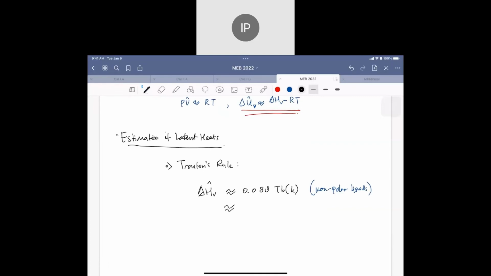And for the polar ones or water, we could use different formulations. Low molecular weight alcohols, where TB is the normal boiling point.